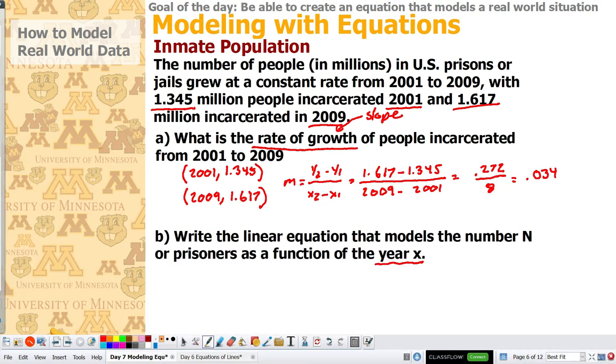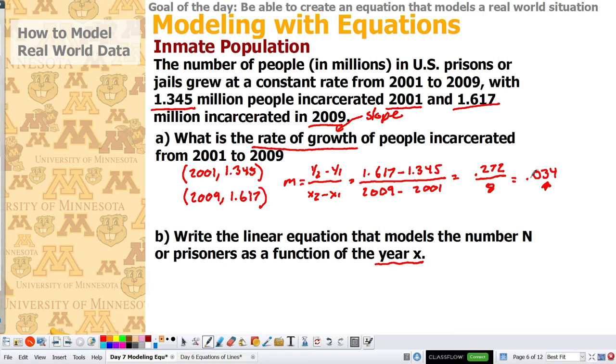So let's think about that for a second. Remember in one of our first lessons, we said, what does that mean in context? We should always think about that. When we get our answer, what does that actually mean in context? So what does this mean? The population of the prison or jail increases by this much every year.